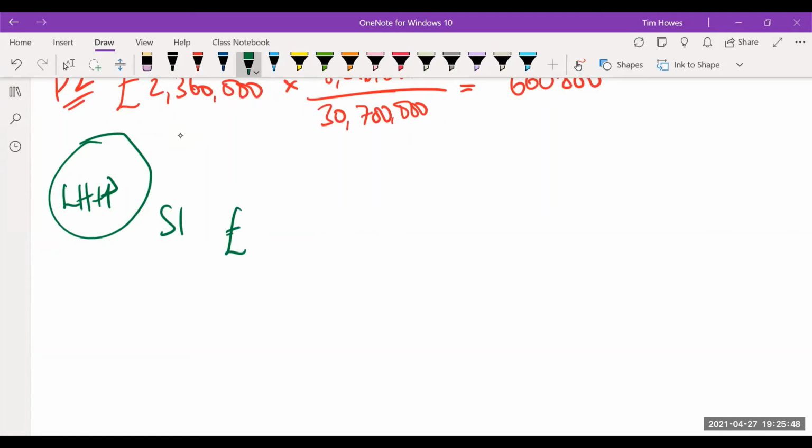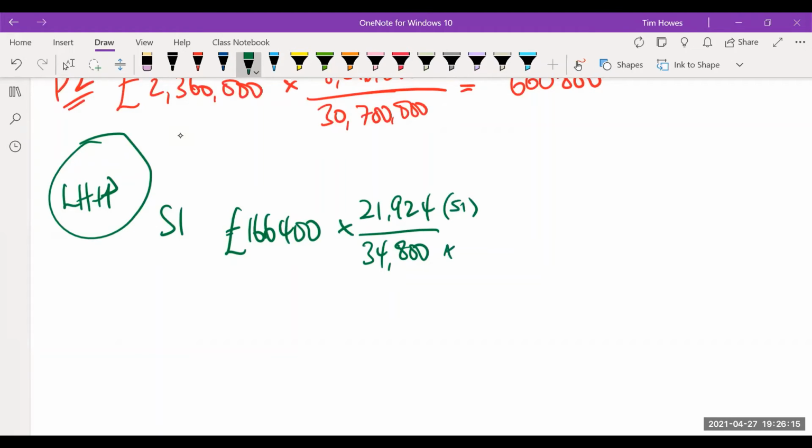We're trying to split £166,400, and I'm going to give this proportion 21,924 meters of floor space in the maintenance department, out of a total of 34,800 meters of floor space in all of the departments. Okay, so this is S1, of course, and this is all of them.